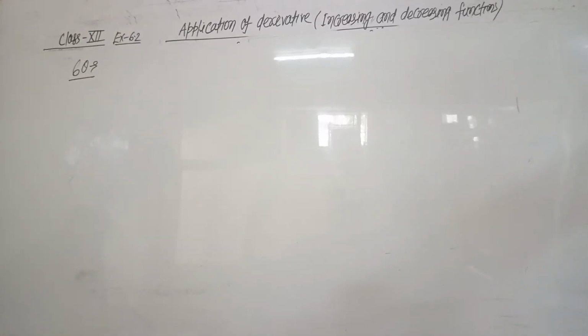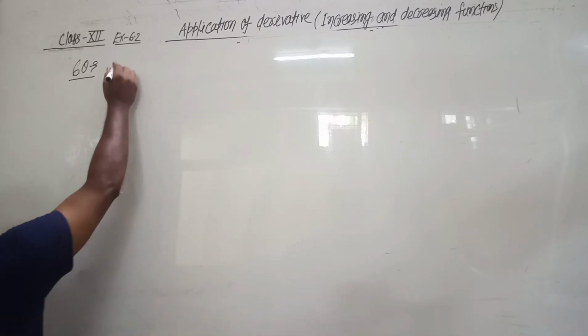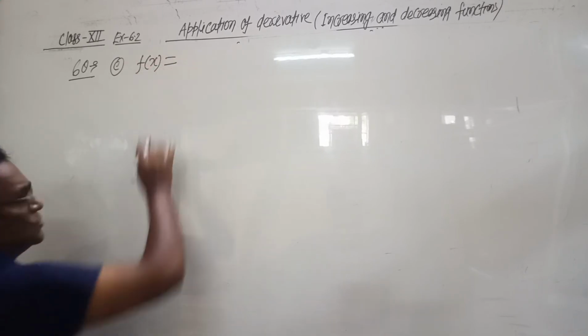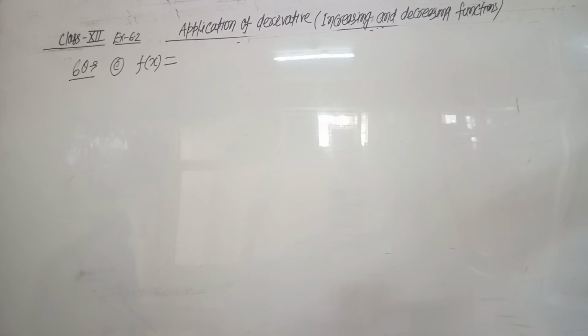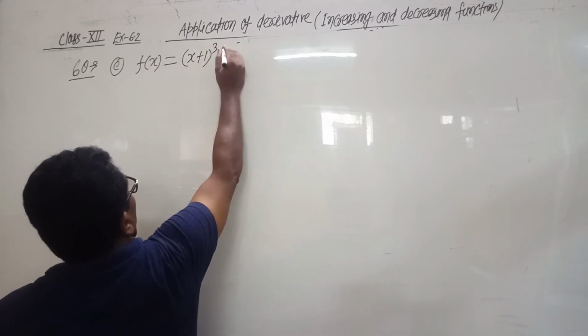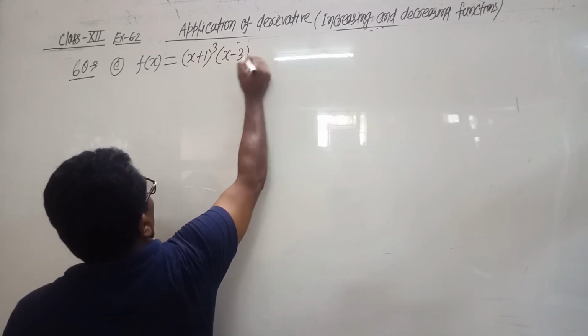Part E. f of x equals to x plus 1 the whole cube and x minus 3 the whole cube.